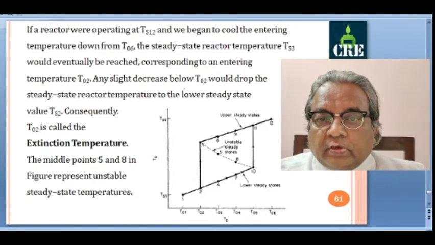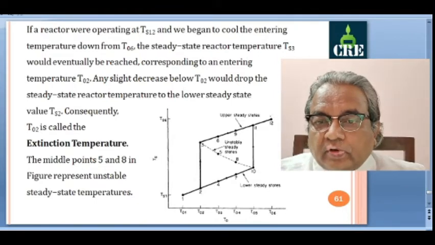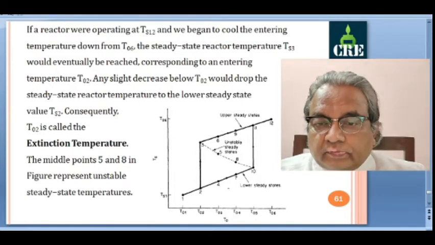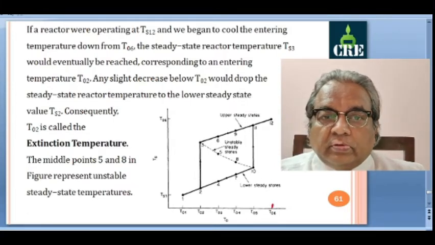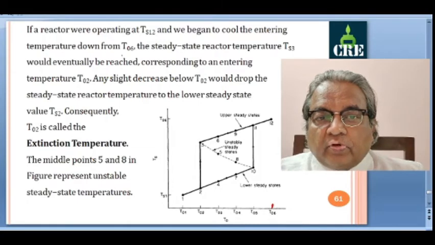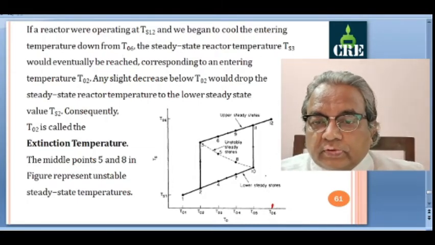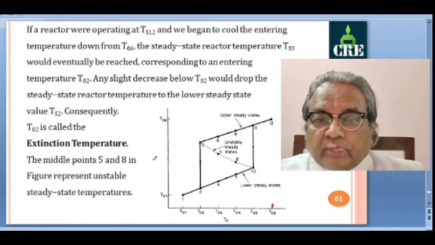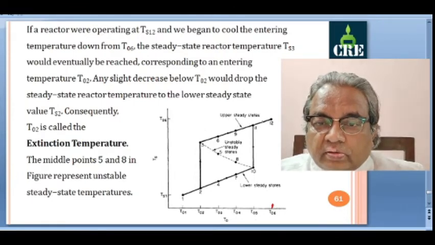Next, if you are operating at this steady state TS12, corresponding to this T06, and you begin to cool down the entering temperature, decreasing it from T06, you will reach here by cooling down from T06, T05 and so on.